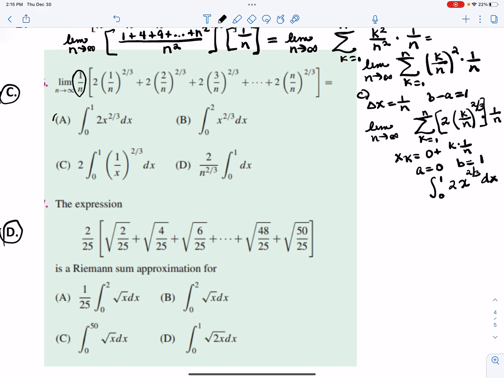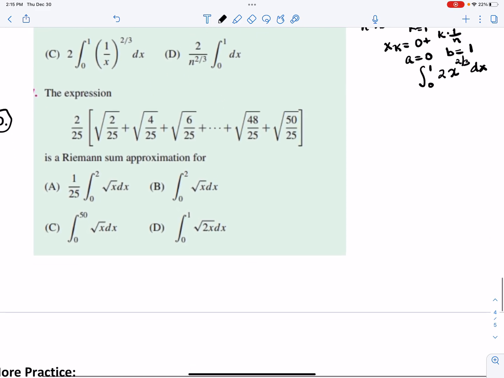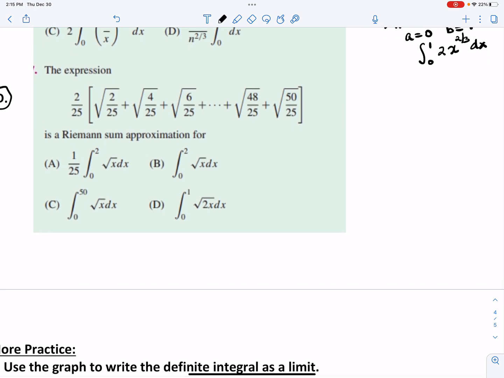So the correct choice is A. And for the last one, I again would take this as my delta x. And if I equate this to b minus a over n here, it's 2/25. So b minus a is 2.